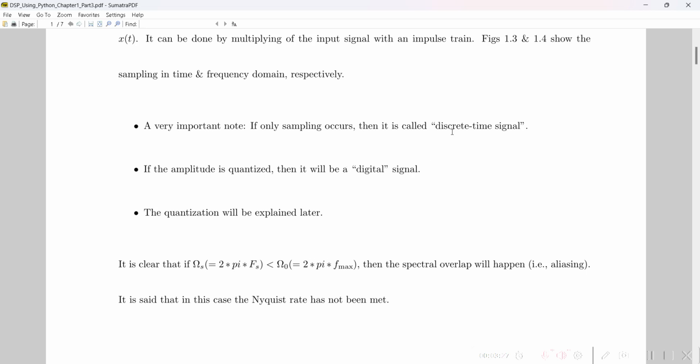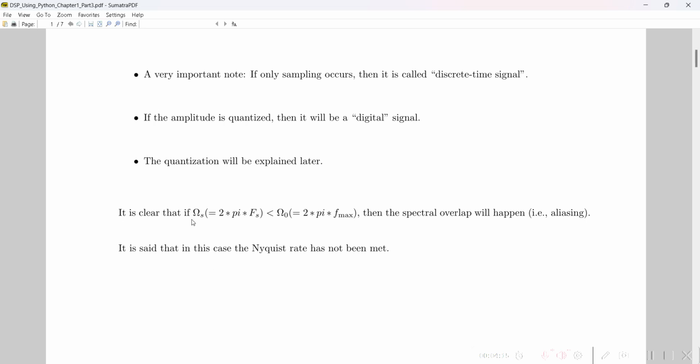So, please consider the difference between discrete time signal processing and digital signal processing. If a continuous time signal is sampled by an impulse train, it is called a discrete time signal. When we quantize the amplitude of the input signal, both horizontally and vertically, the achievement is done, so it will be called a digital signal and digital signal processing. Of course, the quantization will be explained later.